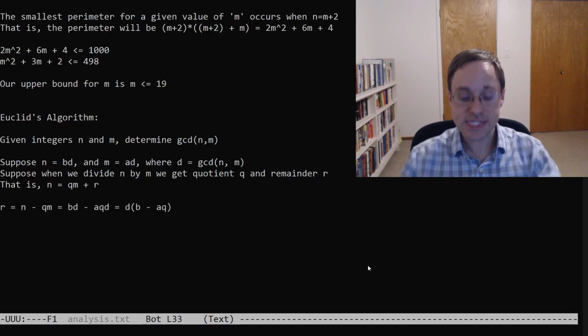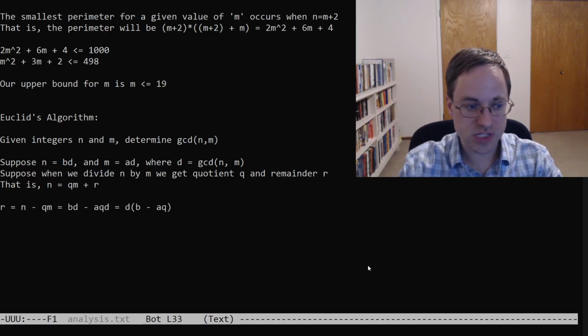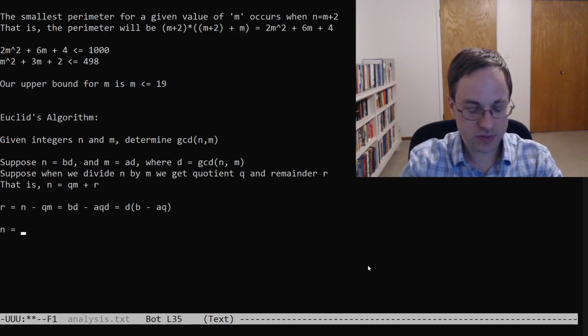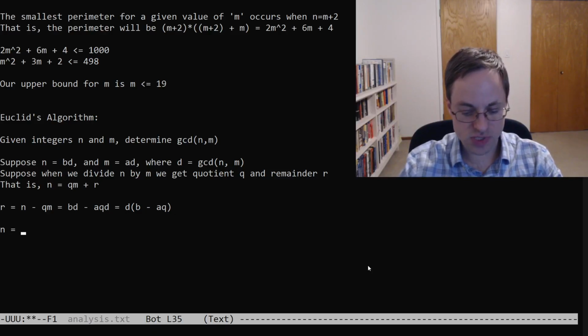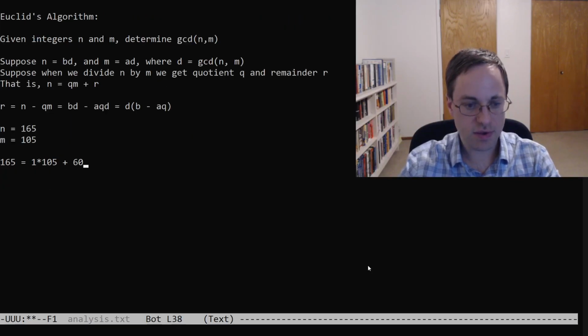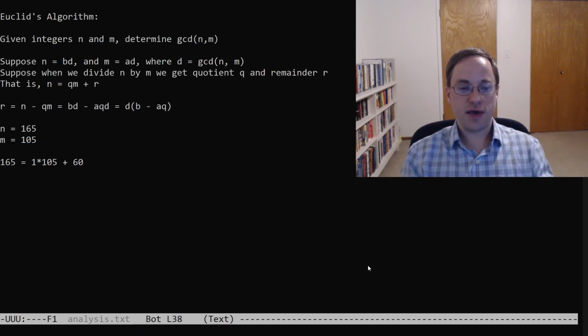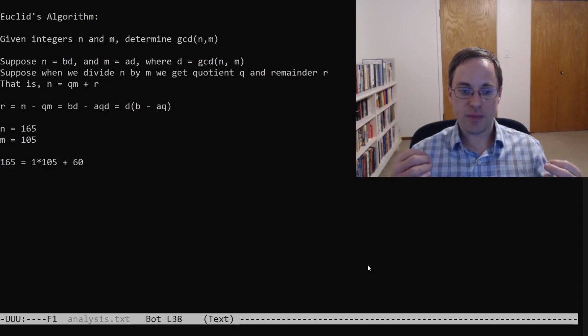I think it's probably easiest to understand if we just look at an example. So let's suppose n is equal to 165 and m is equal to 105. Well, then we can write 165 is equal to 1 times 105 plus 60. That's writing 165 as the m times its quotient plus the remainder.